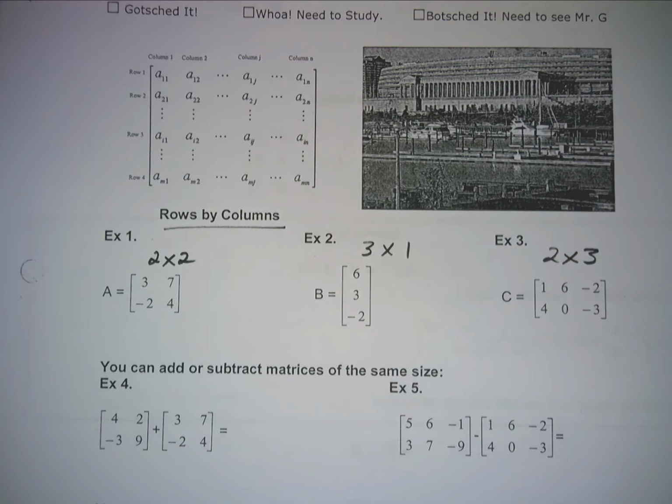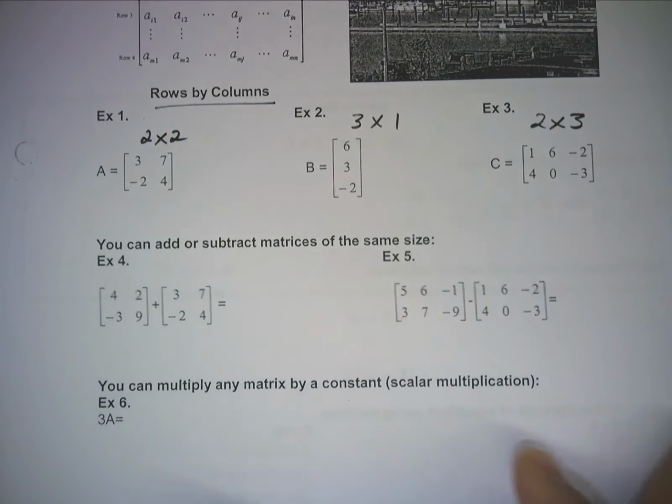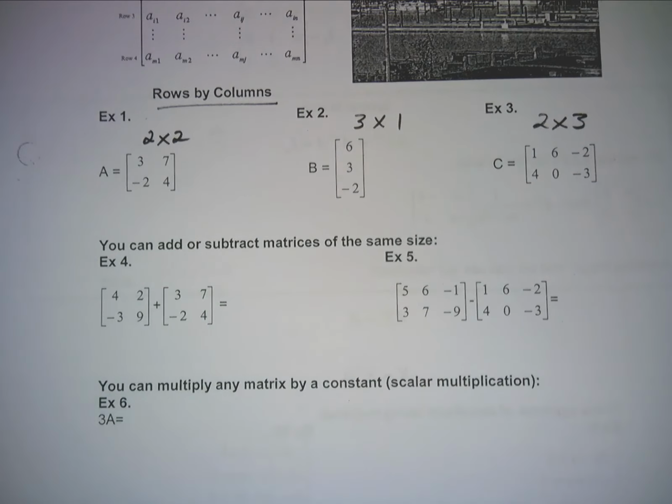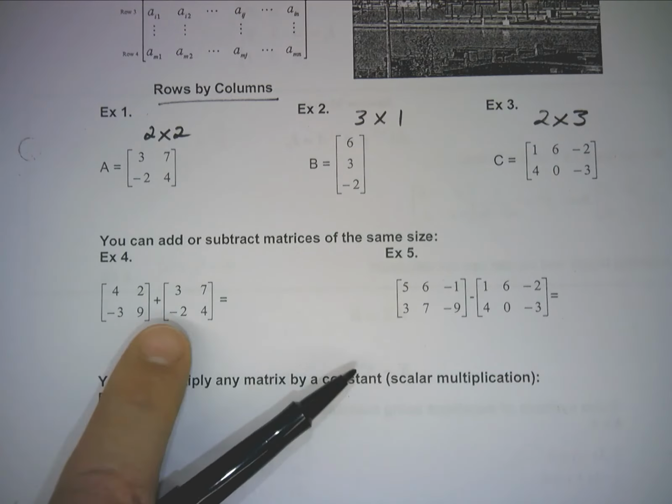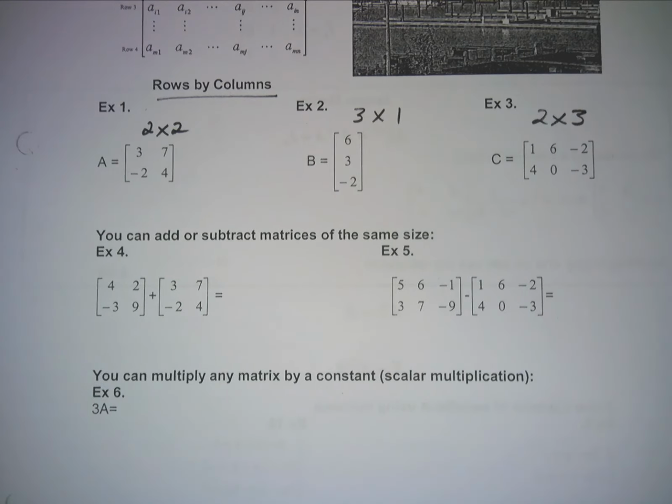All right. So example 4 and 5 says you can add or subtract matrices of the same size. If they are not the same size, then the answer is no solution. You can't do it. Okay. All right. Any ideas, any suggestions on how we add matrices together? Take a guess.